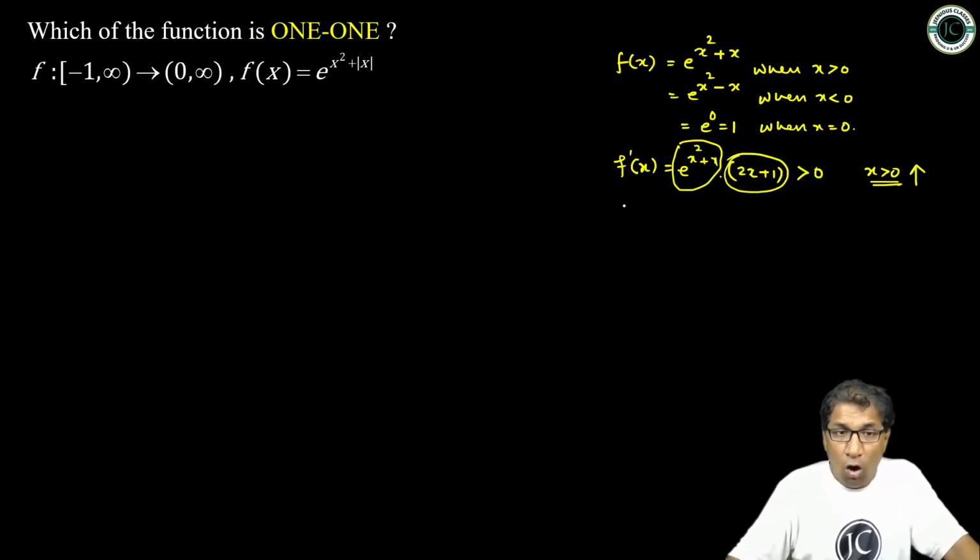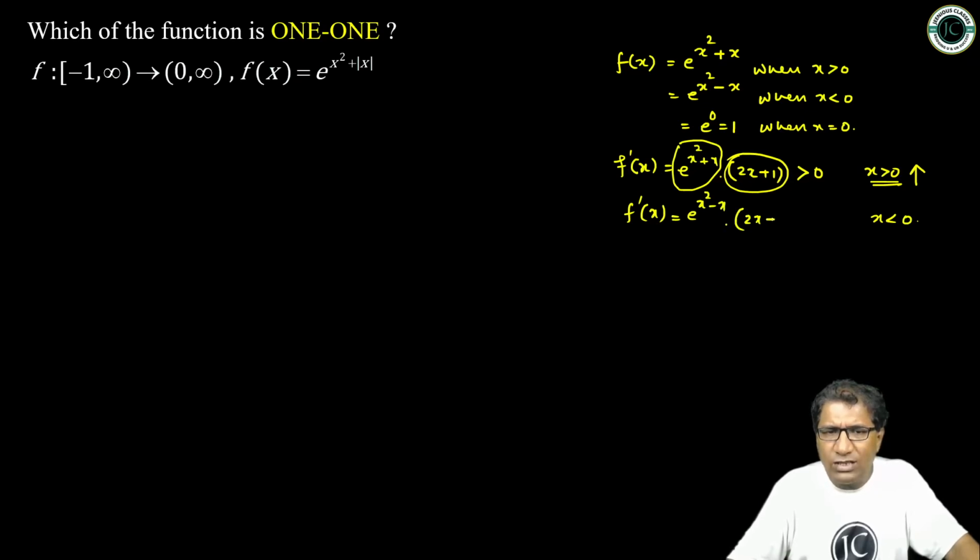Clear? And look, children, f dash x when x is less than 0, what is happening? It comes like 2x minus 1. Now look, e to the power x square minus x when x is less than 0 is positive, right?